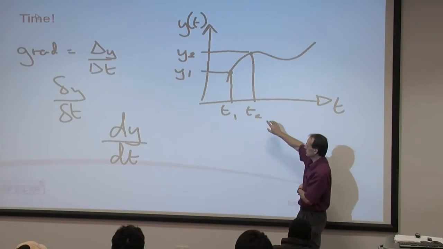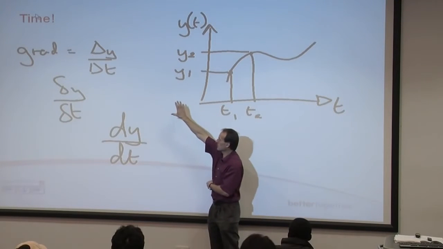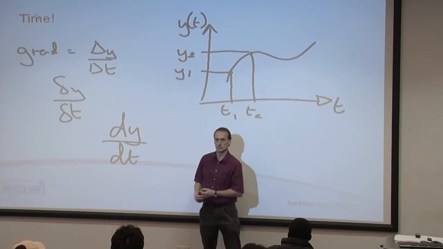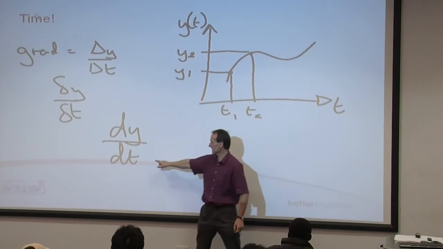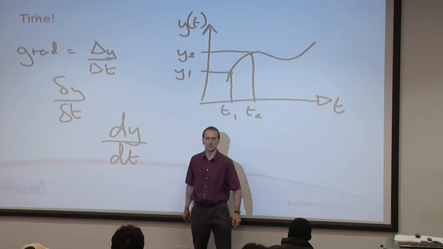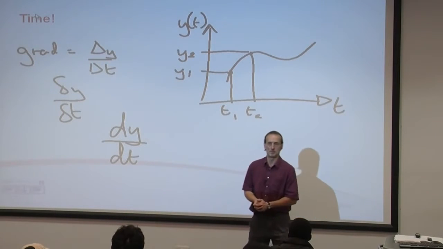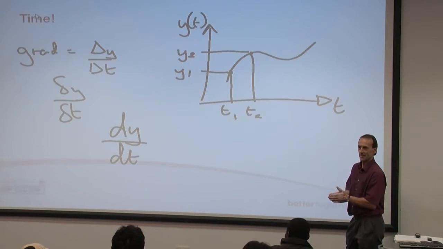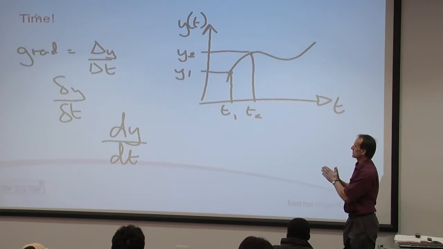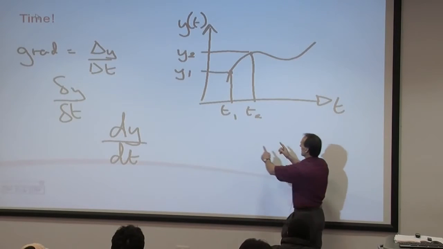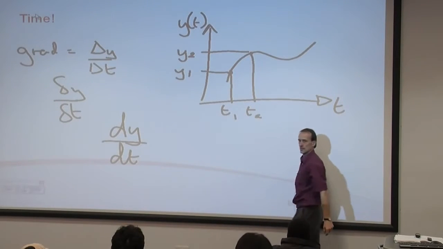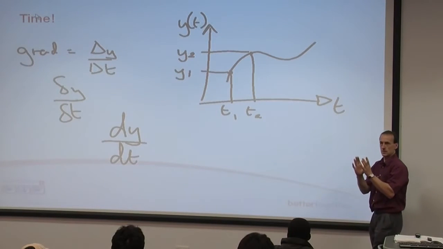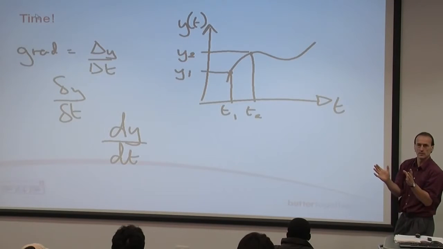So what do you have to do to these numbers to turn delta y by delta t into a true differential? What's the nature of delta t? It's a real memory test, this one. If this is going to turn into a differential, what has to happen to delta t? It's got to come together such that delta t becomes how big?